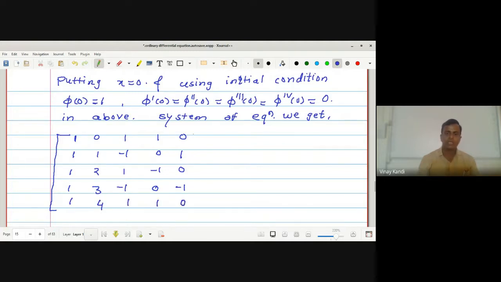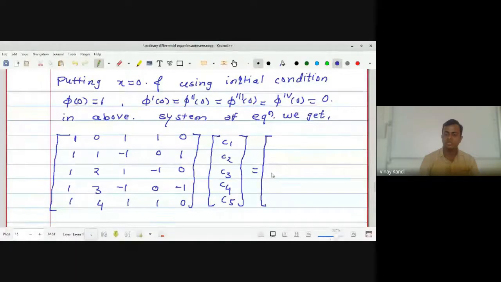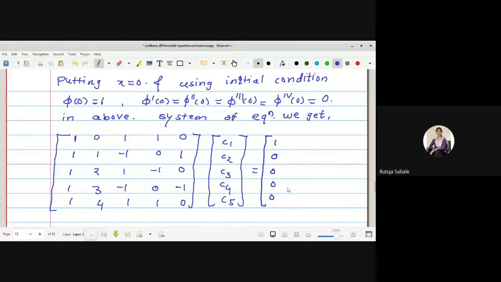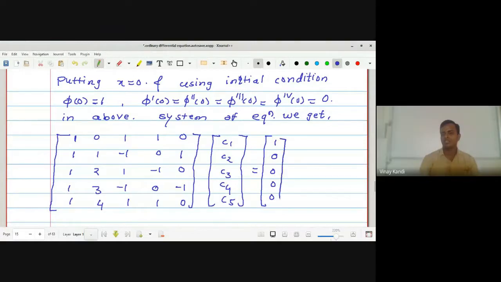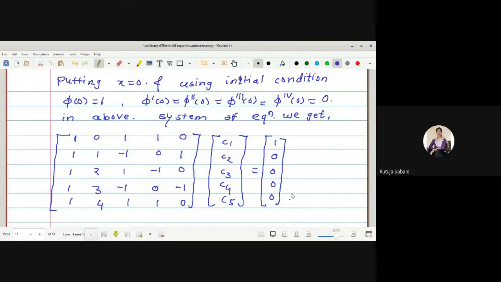Okay, these are the coefficients of C1, C2 and so on. In the next column, the matrix is C1, C2, C3, and all other entries are 0. Hence, any doubt? No, sir.